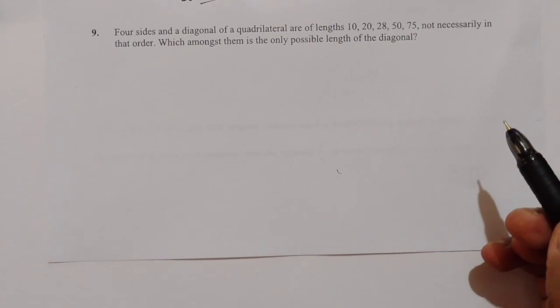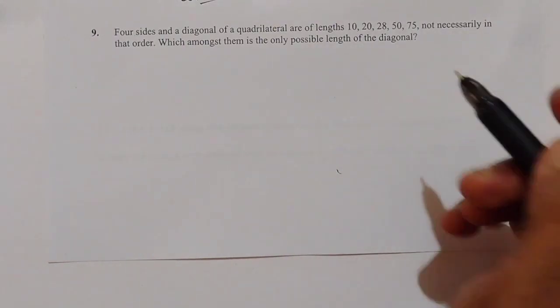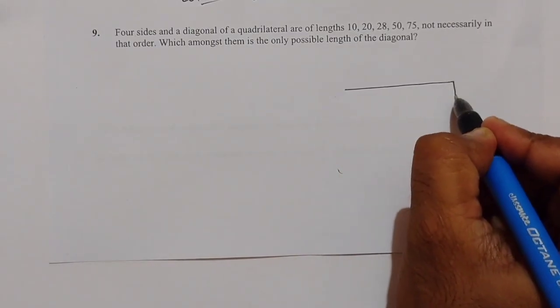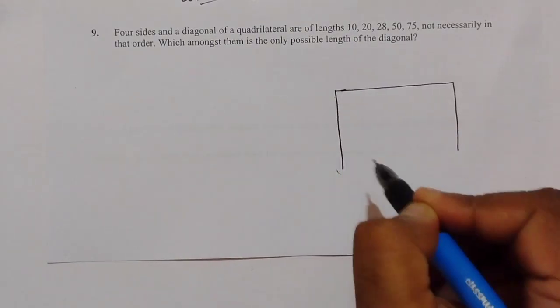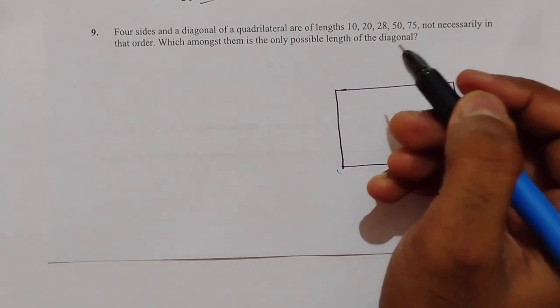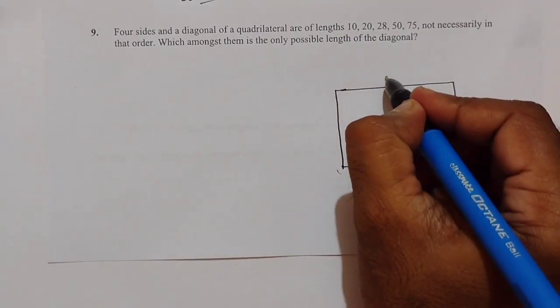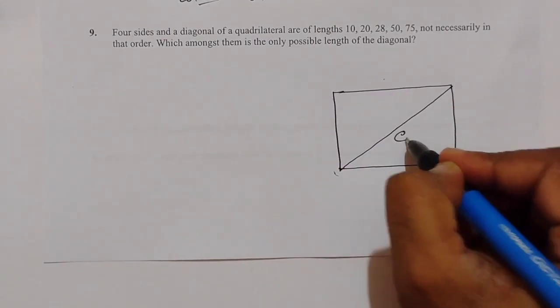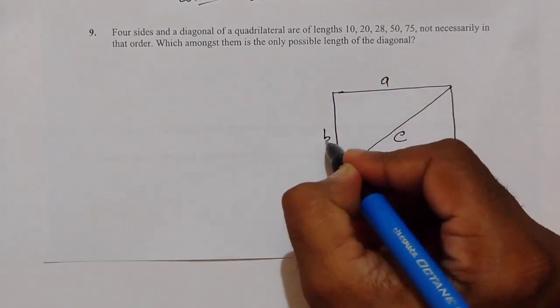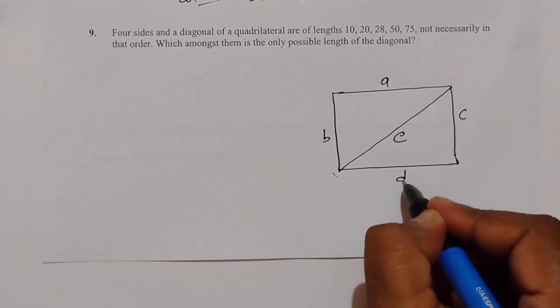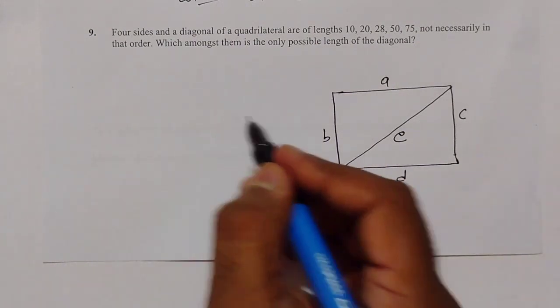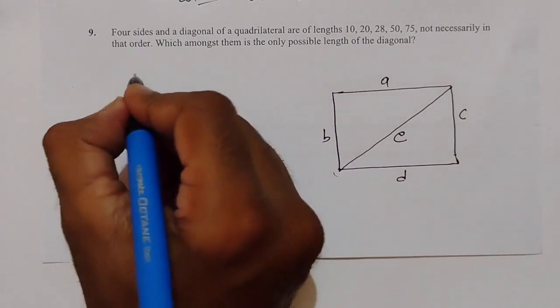So now we have the following inequalities for this quadrilateral. If we form it like this, and suppose this is the diagonal, this is E, this is A, this is B, this is C and this is D, then we have the following inequalities.